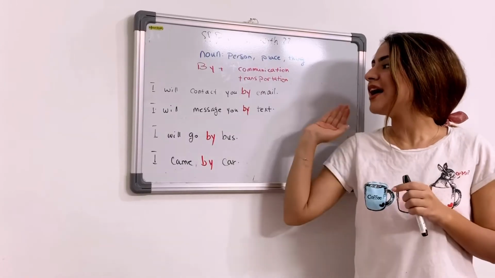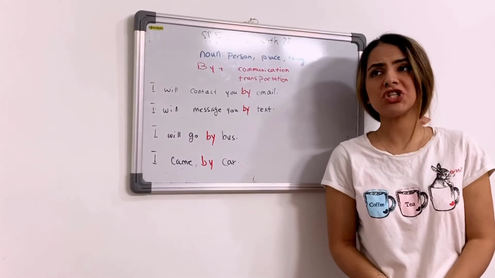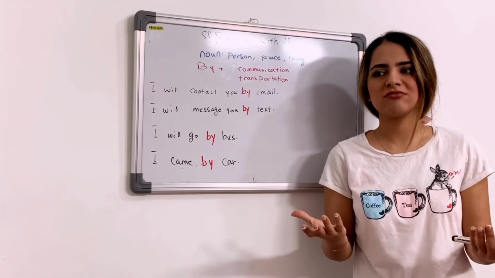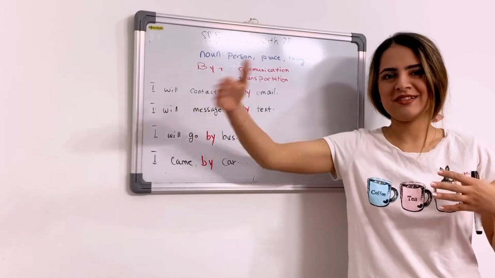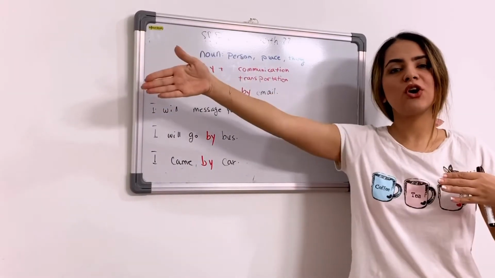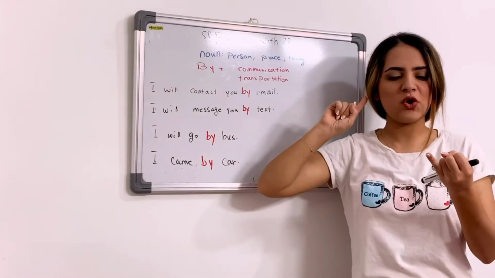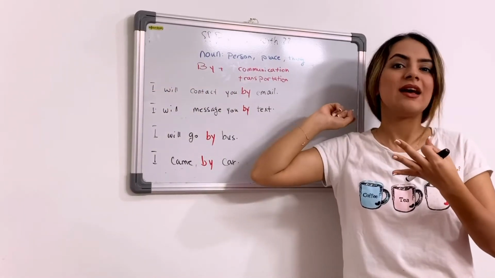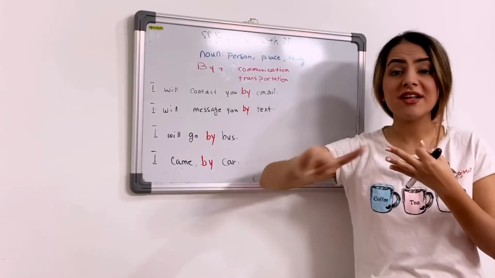Now, by plus transportation. What do I mean by transportation? When you go from this place to that place, from A to B, how you go there is the way of your transportation. You could go by bus, by taxi, by I don't know, a metro.